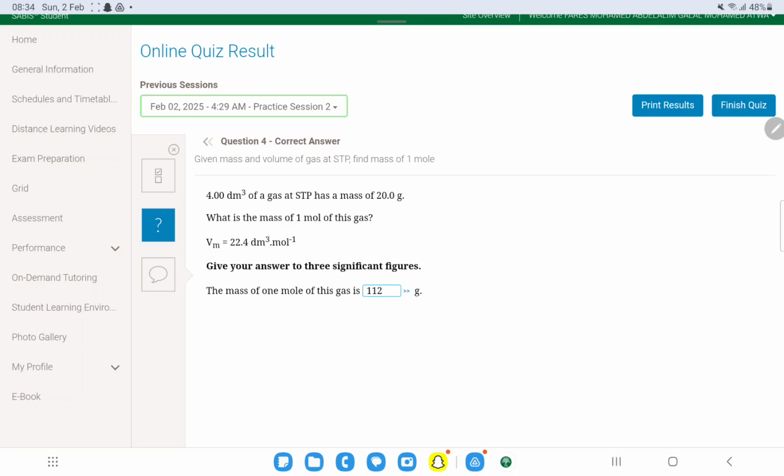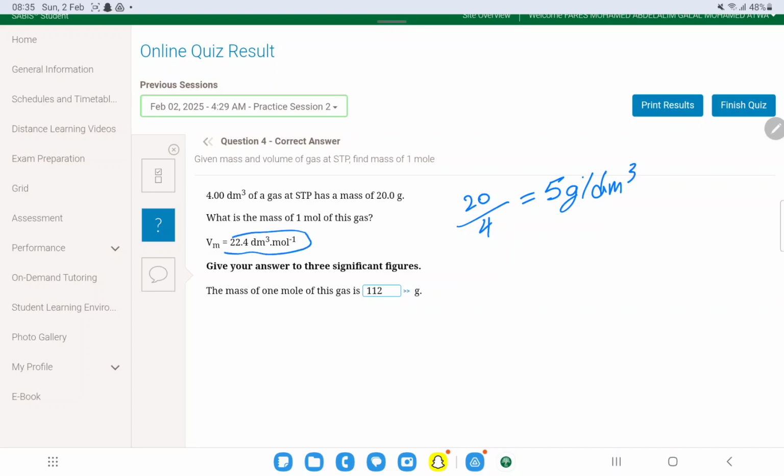Here, 4.00 decimeter cubed of a gas at STP has a mass of 20 grams. What is the mass of 1 mole of this gas? First you want the mass per decimeter cubed, so you do the mass divided by volume. You get 5 grams per decimeter cubed.